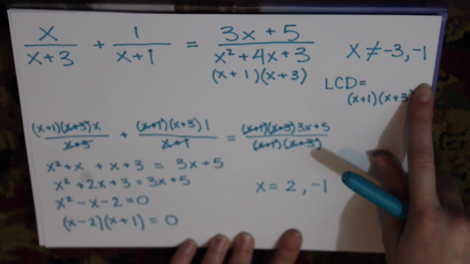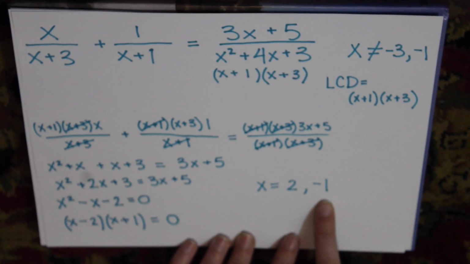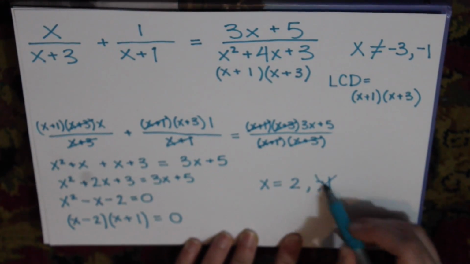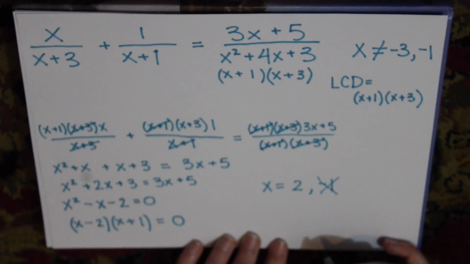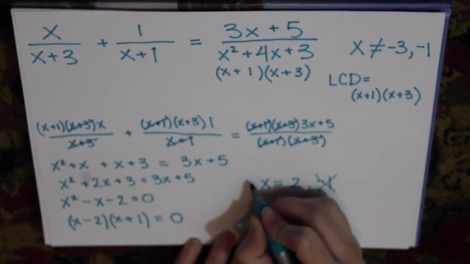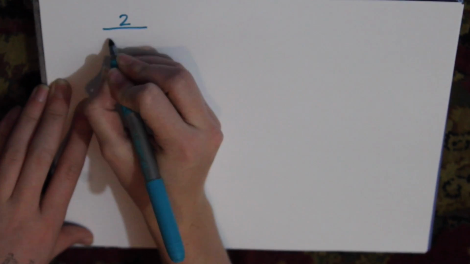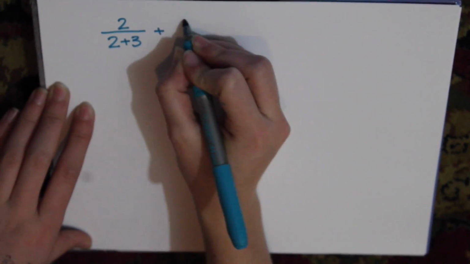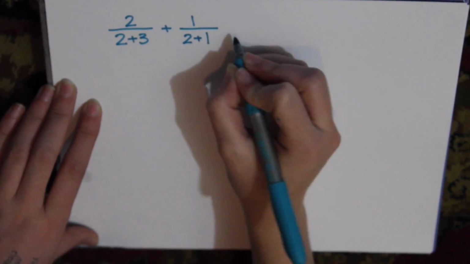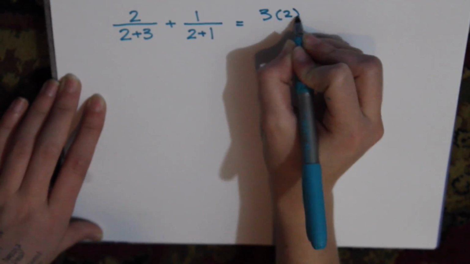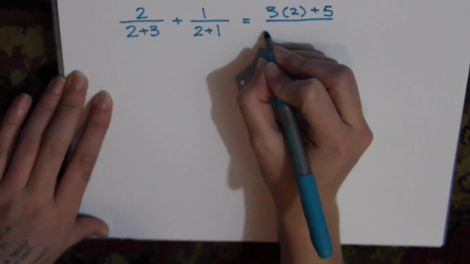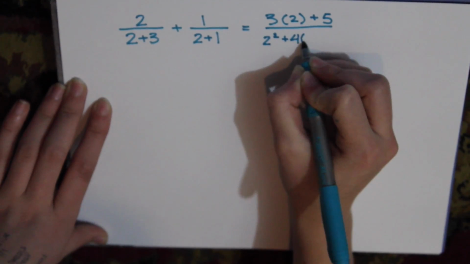And you can quickly find this out by justifying it. So here we are justifying. We're going to write out 2 over 2 plus 3, plus 1 over 2 plus 1, equals 3 times 2 plus 5 over 2 squared plus 4 times 2 plus 3.